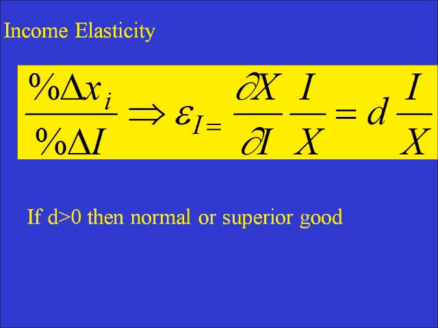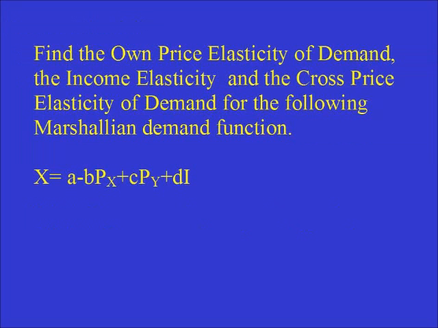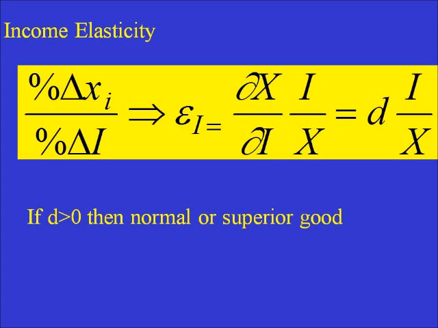Next is income elasticity. We know that income elasticity is simply the partial of the demand for x with respect to income, I, multiplied by income divided by the demand for X, I over X. I take the partial of X with respect to I and look at the demand formula and I get D. I multiply that by I divided by X and I get D multiplied by I divided by X, and that is our income elasticity.